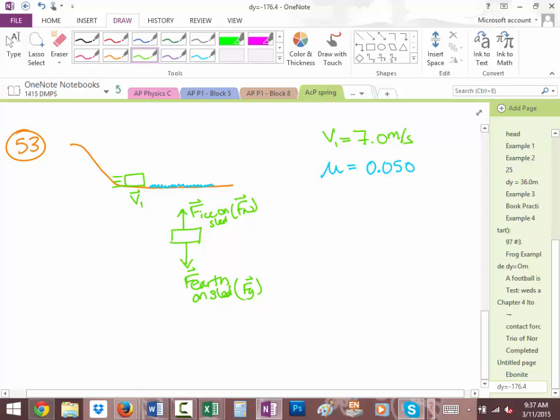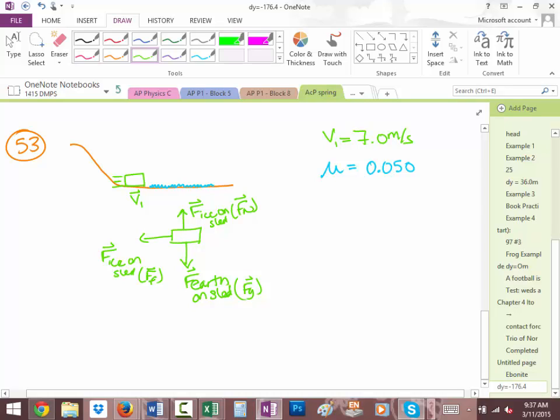Parallel to the surface. And is it in the direction of motion or opposite the direction of motion? Always opposite the direction of motion. So it's going to be this way, right? So this is again the ice on the sled. That's the force of friction.